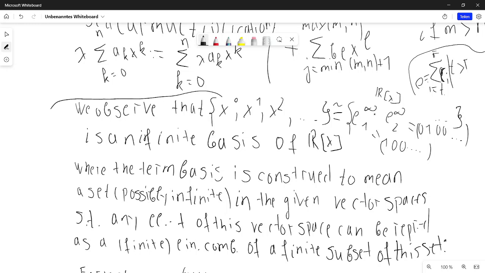For example, x^0 is your line at height 1, right? For all real numbers, it's just 1. And this is not the same function as x.